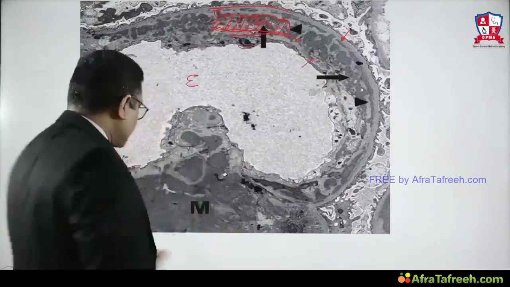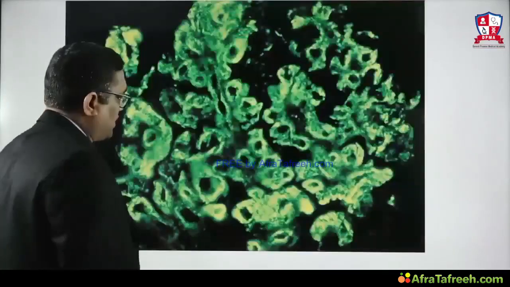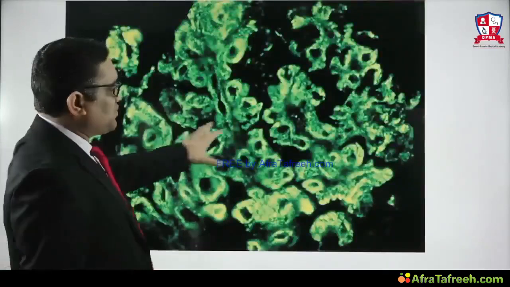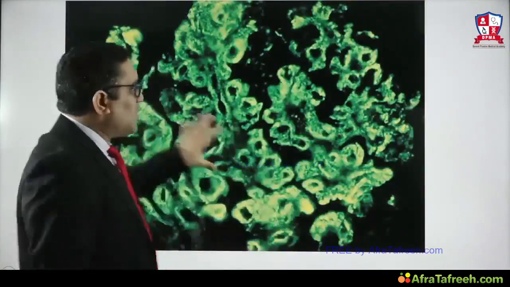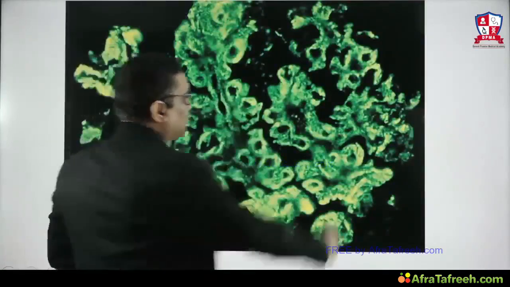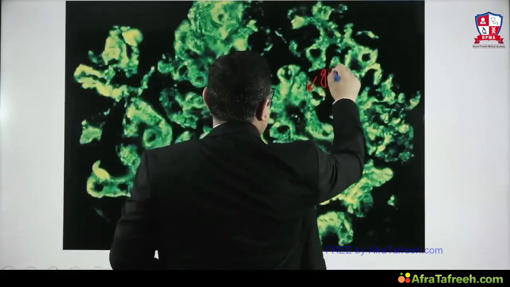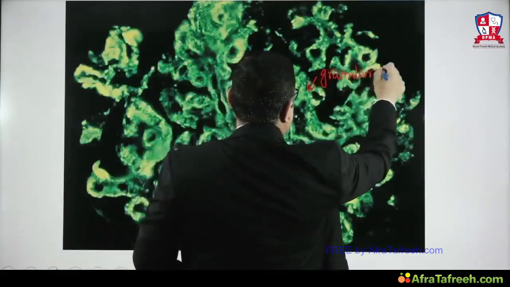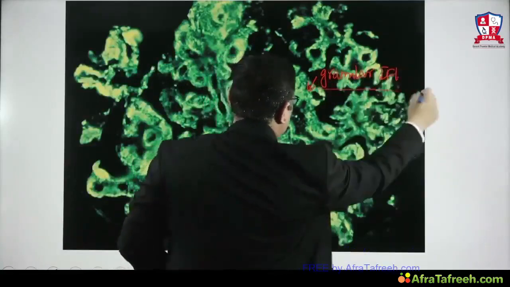And when you are seeing the immunofluorescence microscopy, we are observing all these are showing granularity. This is called granular immunofluorescence of type 1 MPGN.